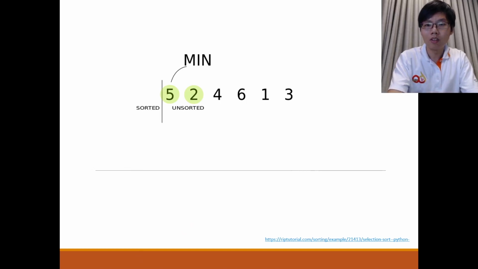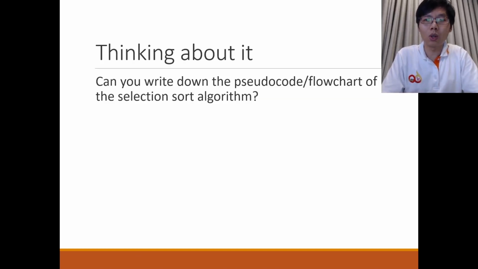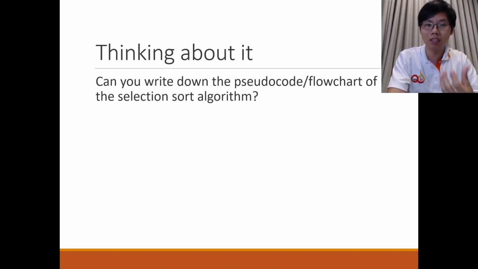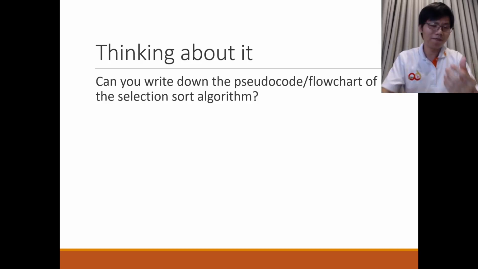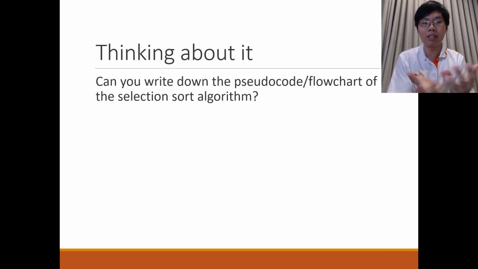Thinking about that, can you write down the pseudocode or flowchart of selection sort, because that is the simplest one? From what you see in the animation, you can imagine that selection sort seems to be a very slow process. If you have 10 cards, it's pretty easy.